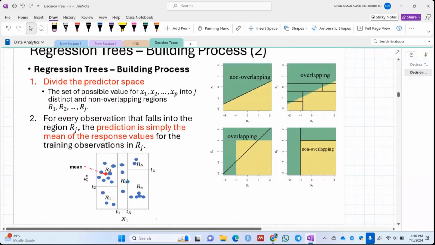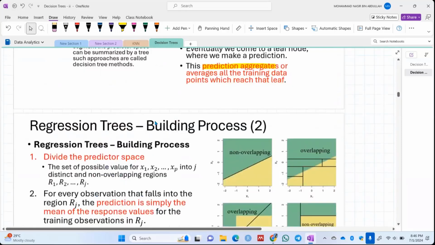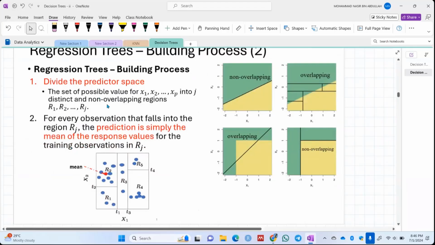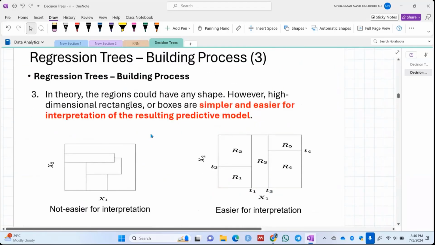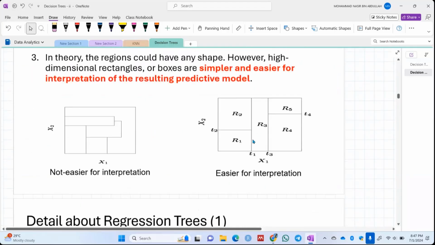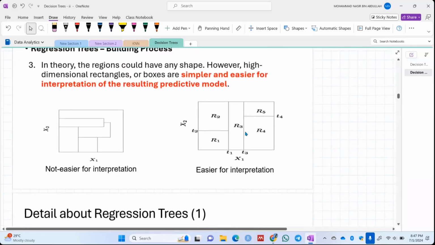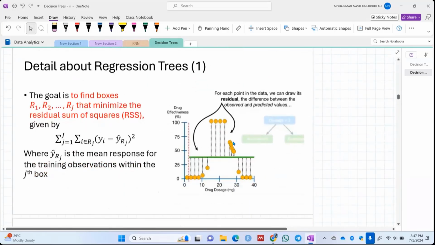So now this is the same thing I explained just now. It's a procedure one by one. First, we divide the predictor space, and the goal is to find boxes R1, R2, up to Rj that minimize the residual sum of squares, the minimum value of the sum of squares.